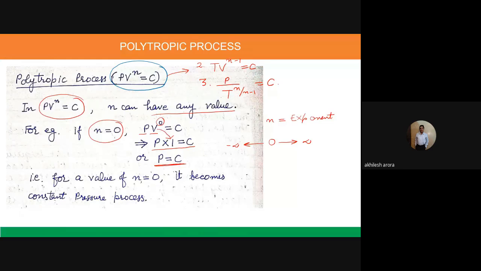So it means that for n equal to 0, the polytropic process becomes a constant pressure process. So it's very clear that when n is equal to 0, PV raised to power n is equal to constant becomes P is equal to constant, which is an isobaric process or constant pressure process.